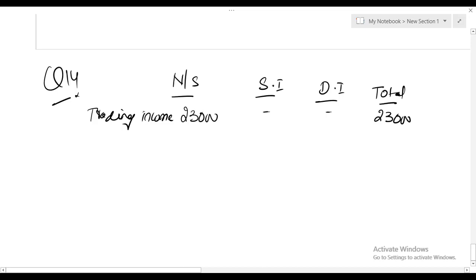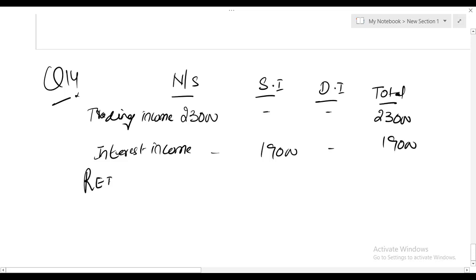Trading income is 23,000. Interest income received. Interest income is saving income. So, real estate investment trust.